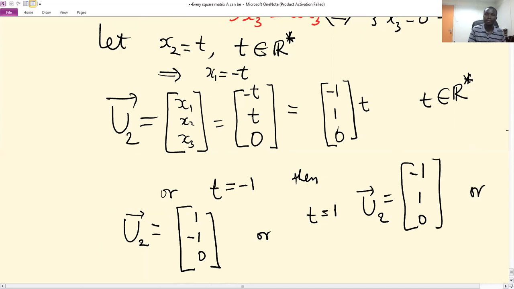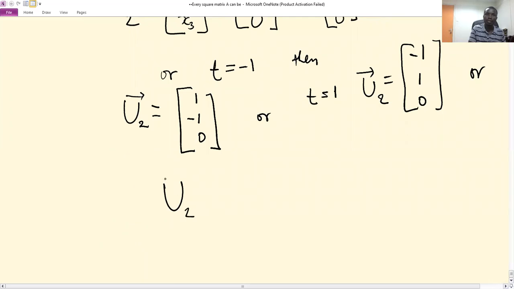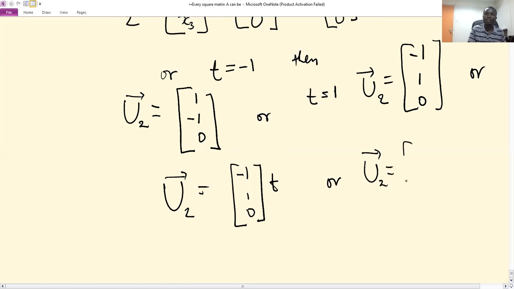Or you can just write u2 as the vector 1, -1, 0 times a real number t, or even k, where this t is any non-zero real number.